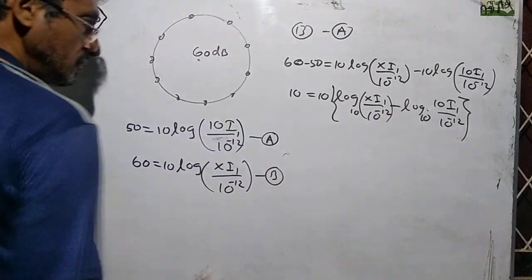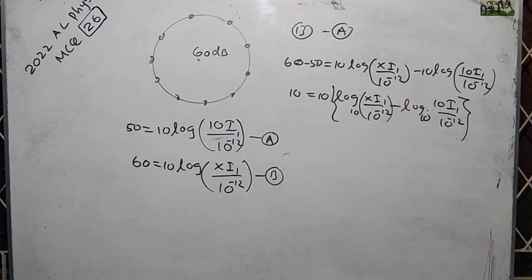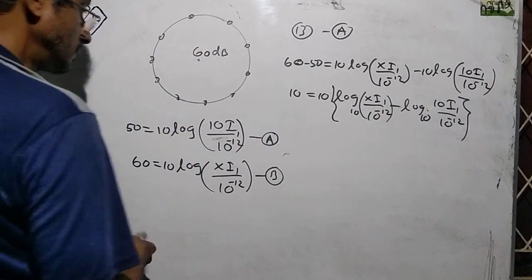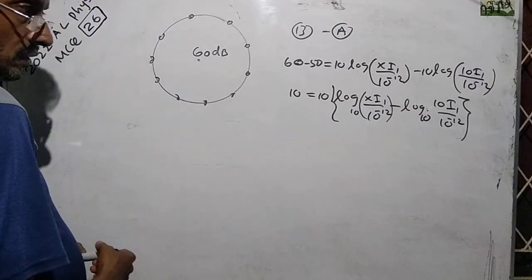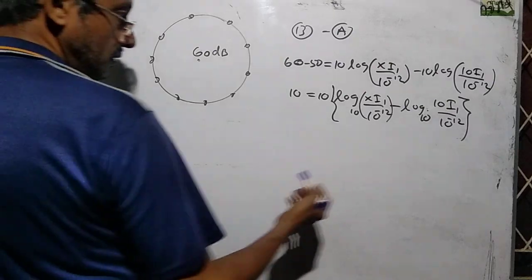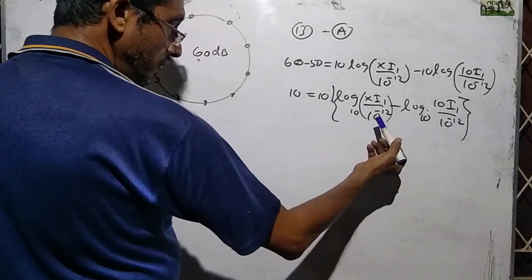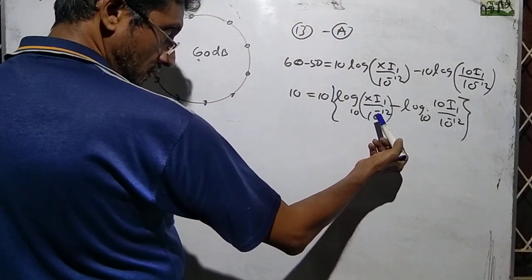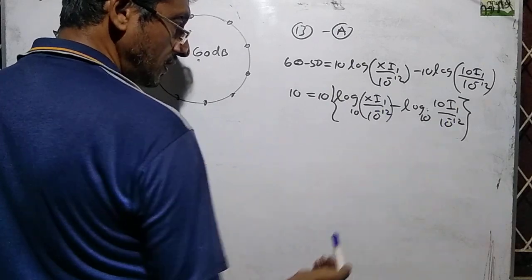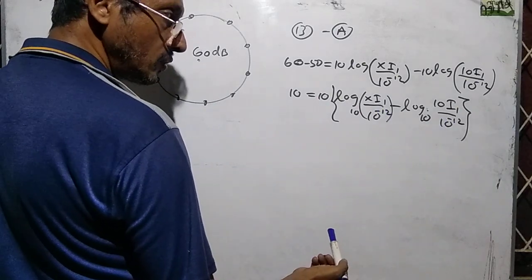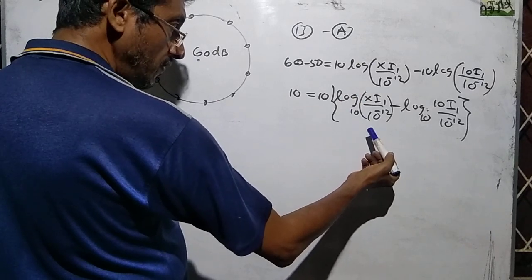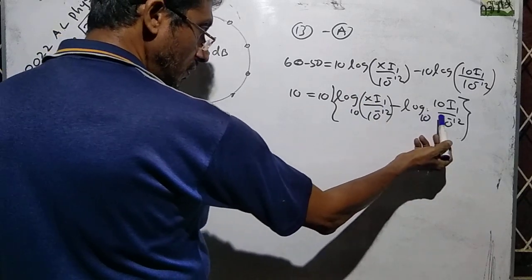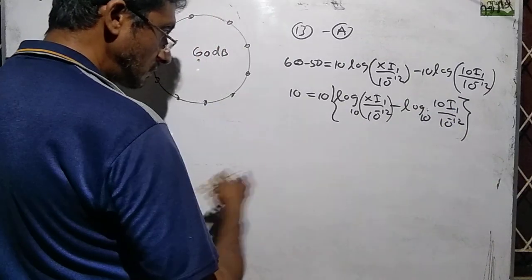How can we simplify after this step? There is a special way. According to the log rules, when we subtract logs, we have to divide first one by second one.